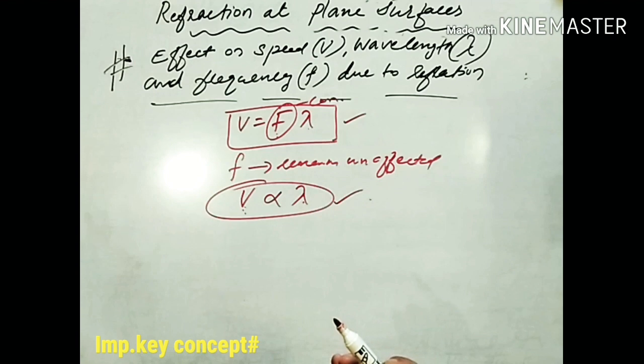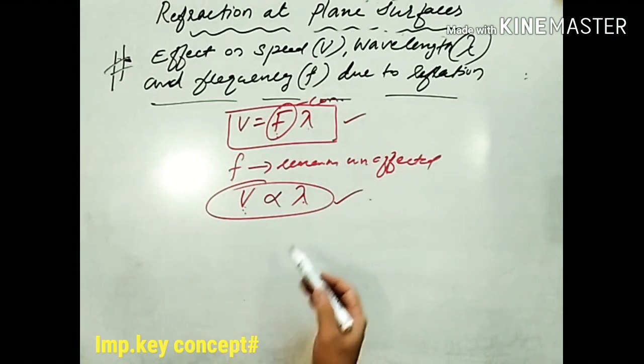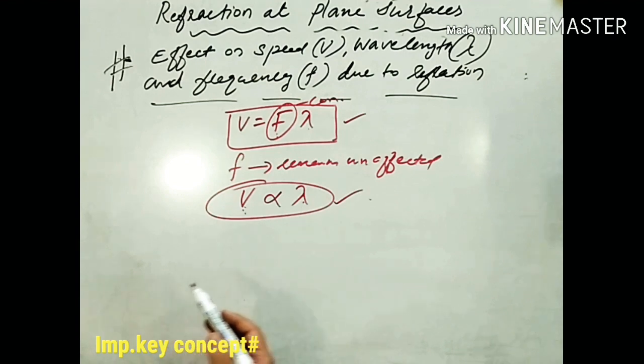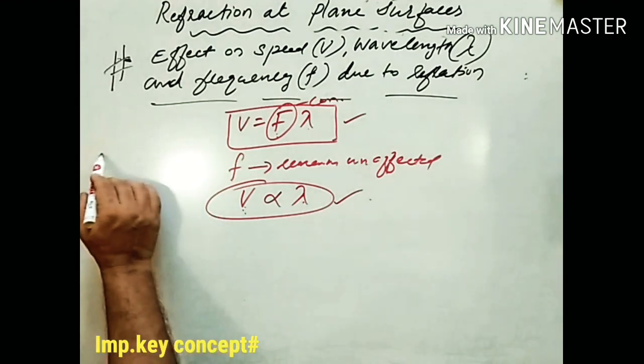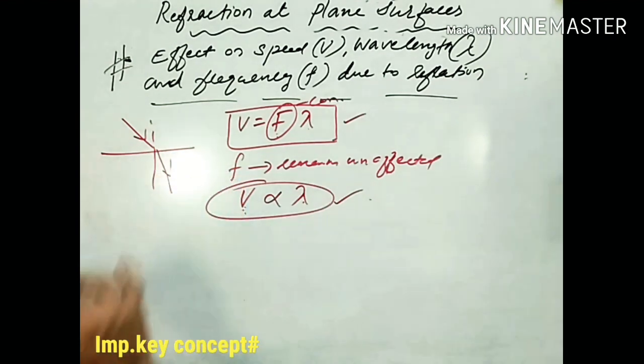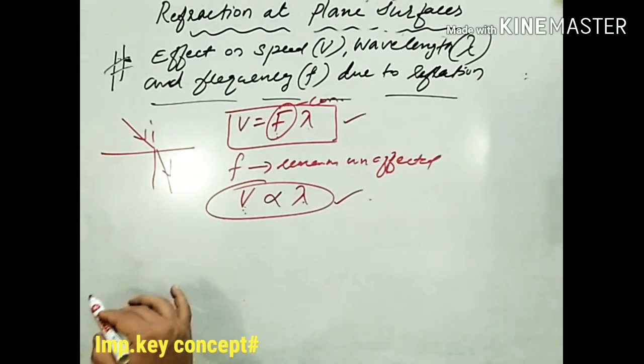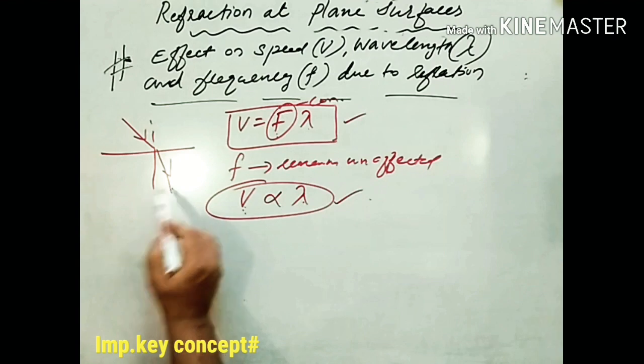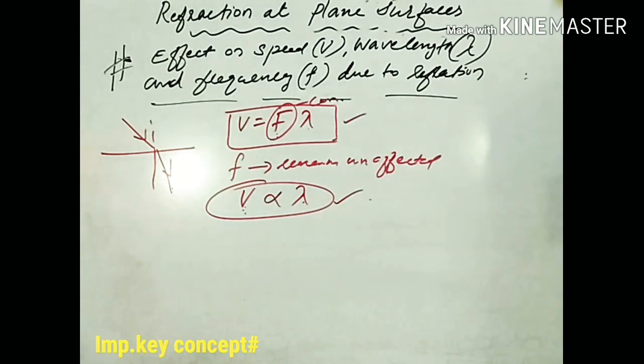So what happens to the wavelength? Wavelength also decreases due to the slowdown of the ray of light.